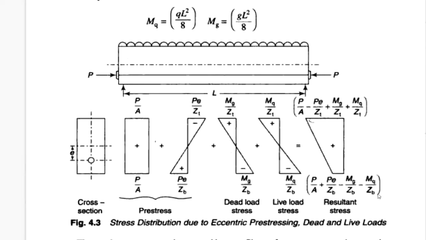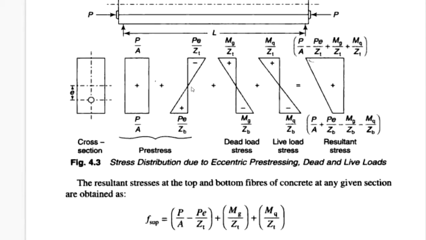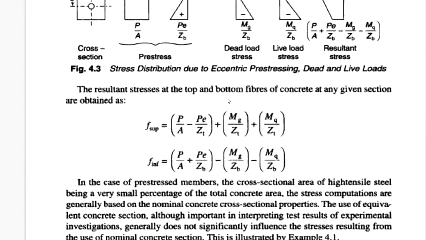Similarly, if I consider the bottommost fiber, P divided by A plus PE divided by ZB minus mg divided by ZB minus mq divided by ZB. So here P is the prestressing force, A is the area, E is eccentricity, ZB is the section modulus at the bottommost fiber. Now, F superior is the resultant stress at the topmost fiber, and F inferior is the resultant stress at the bottommost fiber.